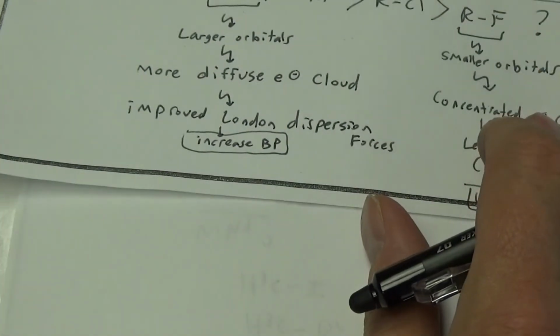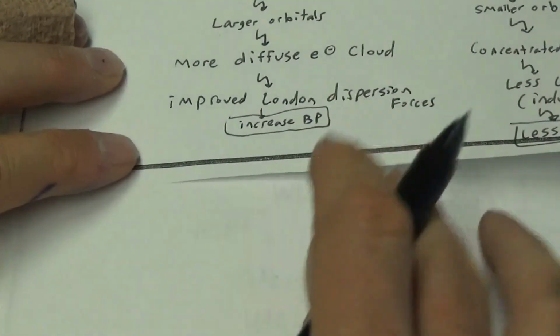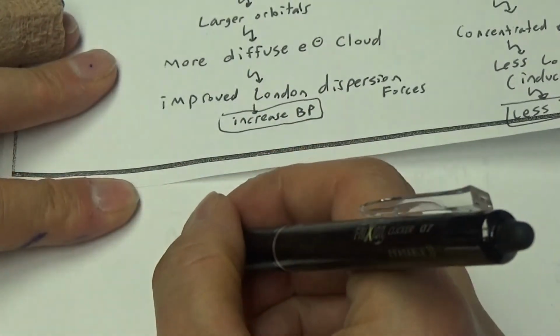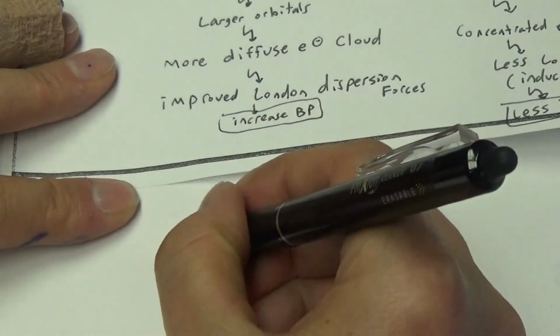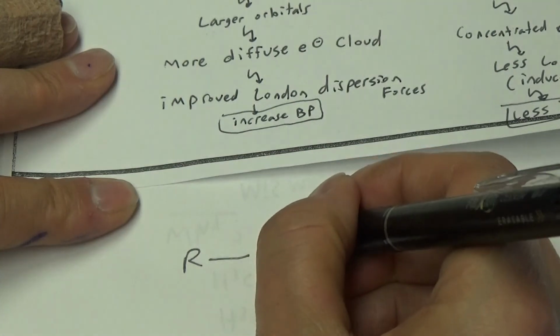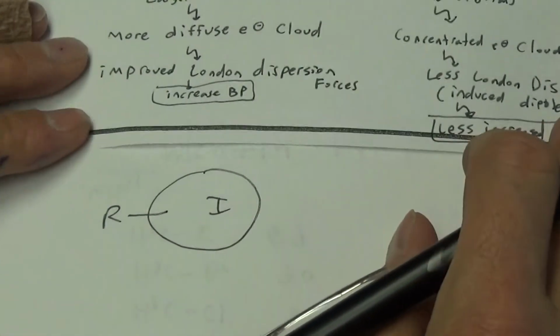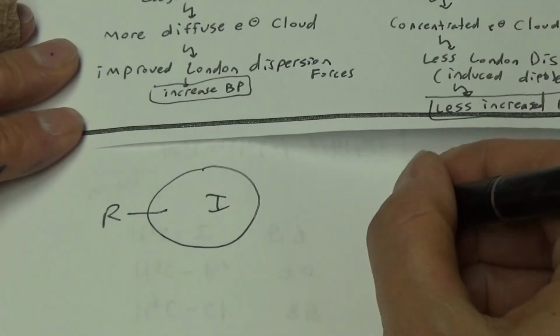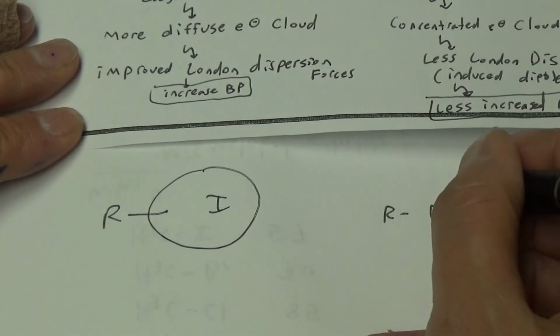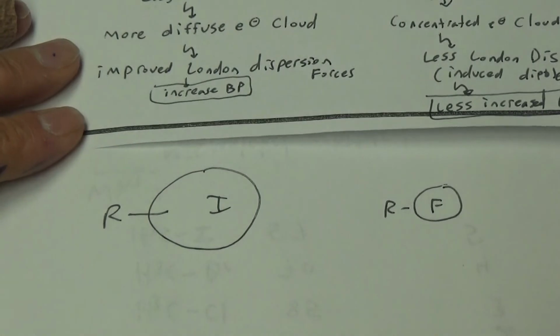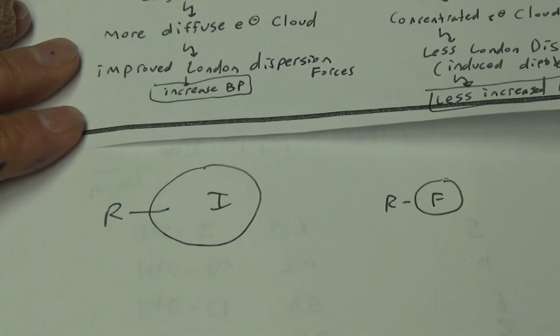So example, if I have our iodine, the iodine is a huge thing. The fluoride is a kind of tiny thing, right? Relatively speaking, the iodine's way larger.